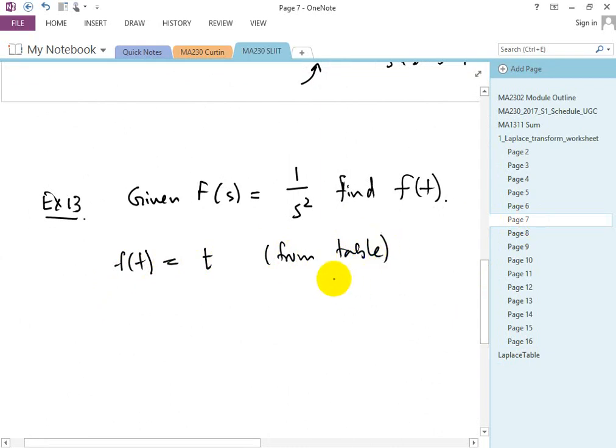So from the table we had the Laplace transform of t to the n equals factorial n over s to the n plus 1.